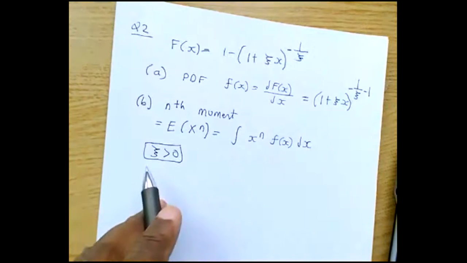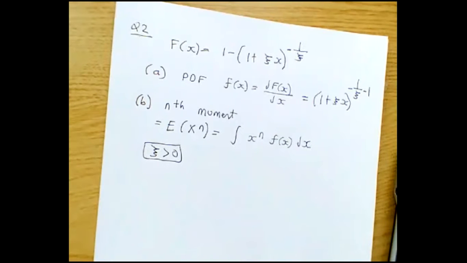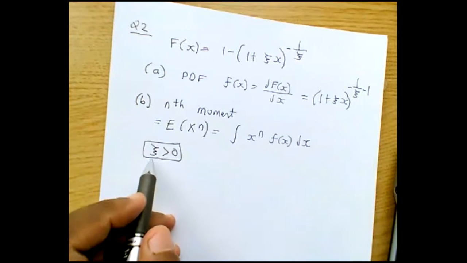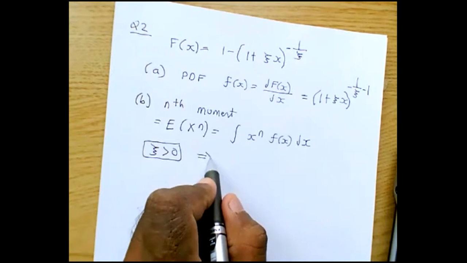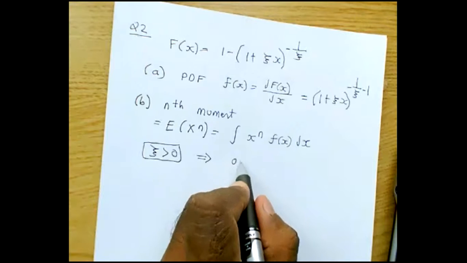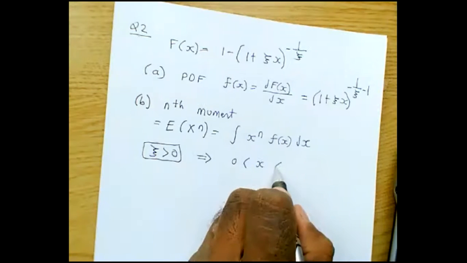So let me start with the case that psi is positive, right? In this case, you should look at the notes. I mean, there's a video I did on the generalized Pareto distribution. In that video, I showed you that if psi is positive, then the domain for x is from 0 to infinity.